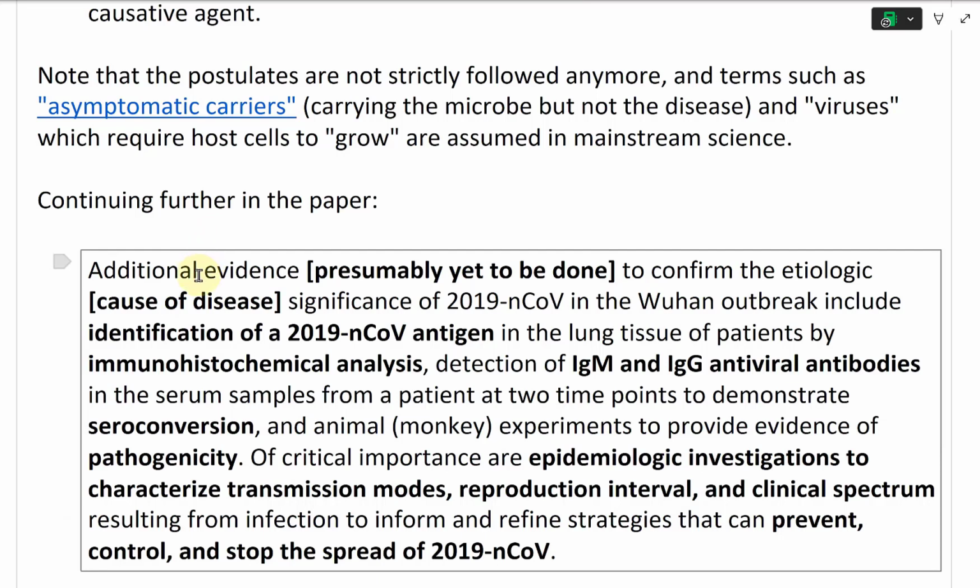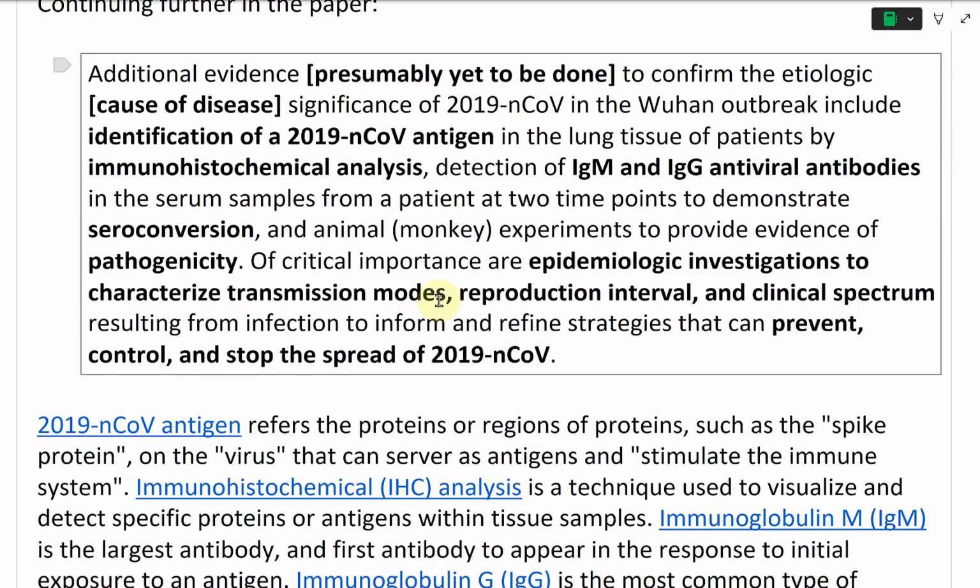Continuing further in the paper, additional evidence, presumably yet to be done, to confirm the etiological or causal significance of 2019-nCoV in the Wuhan outbreak includes identification of a 2019-nCoV antigen in the lung tissue of patients by immunohistochemical analysis, and detection of IgM and IgG antiviral antibodies in serum samples from a patient at 2 points to demonstrate seroconversion, and animal, or particularly monkey, experiments to provide evidence of pathogenicity.